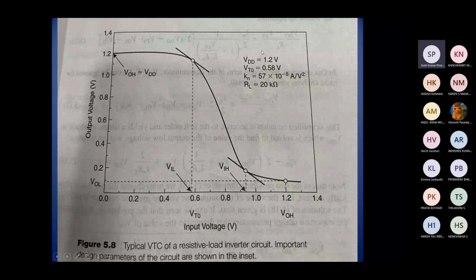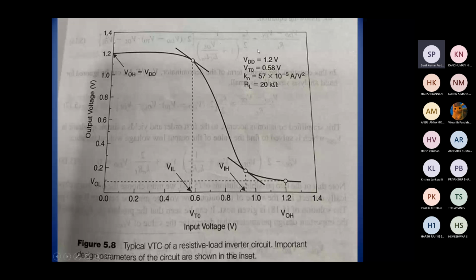Here, if you look at the inset, some design parameters are given, and based upon these the characteristics have been drawn. The supply voltage VDD is taken as 1.2 volt, the threshold voltage is 0.58 volt, and the K constant for the NMOS transistor is 57 times 10 to the power minus 5 ampere per volt square. For the load resistance, we have taken 20 kilo ohm.